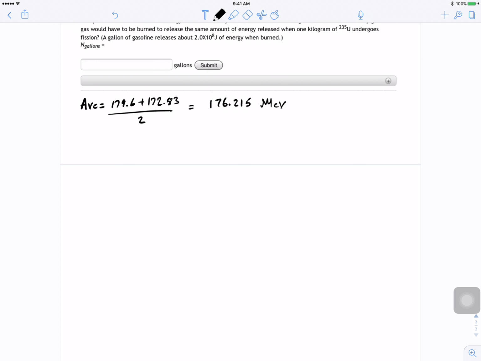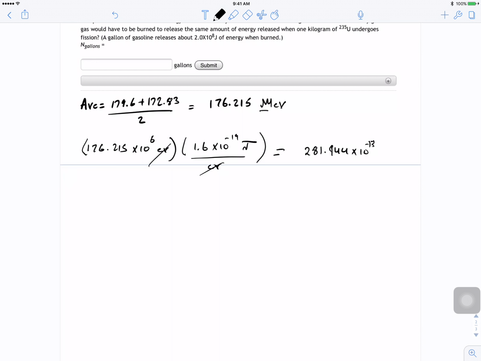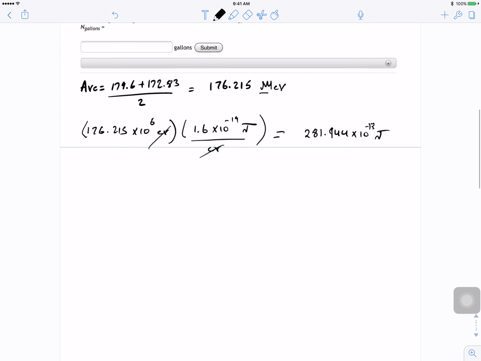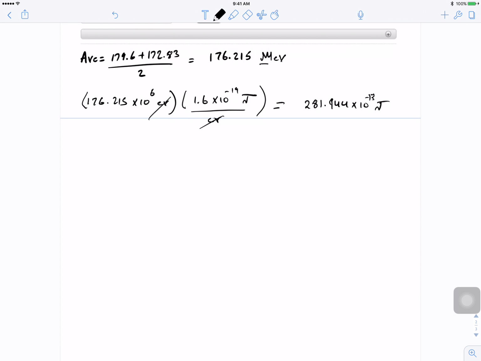Let's find it in joules: 176.215 times 10 to the 6 electron volts, multiplied by 1.6 times 10 to the negative 19 joules per electron volt. We take out the electron volt and get 281.944 times 10 to the negative 13 joules. That's the energy per fission, per nucleus.